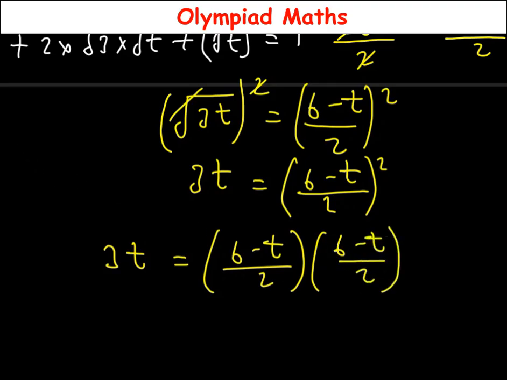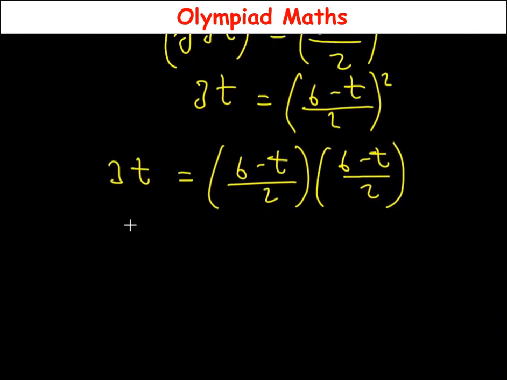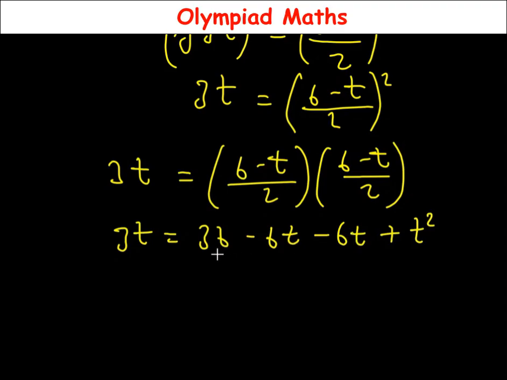So with this, 3t is equal to 6 times 6 is 36, minus 6 times t is minus 6t, then minus t times 6 is minus 6t, minus t times minus t is plus t squared, all over 2 times 2 is 4.